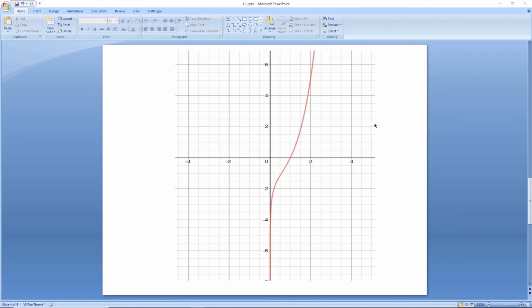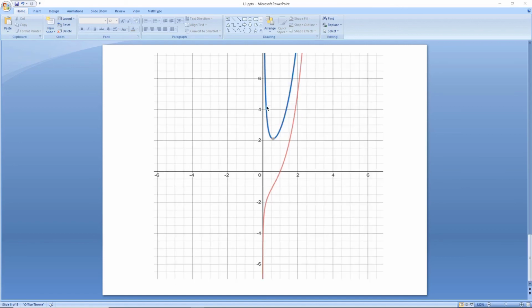So there's no hills, no valleys, no plateaus, which means our prediction is the derivative will have no x-intercept. The derivative can only have an x-intercept if the original function has a hill, a valley, or a plateau. This has none of that. And sure enough, the blue line, which is the derivative, has no x-intercept.